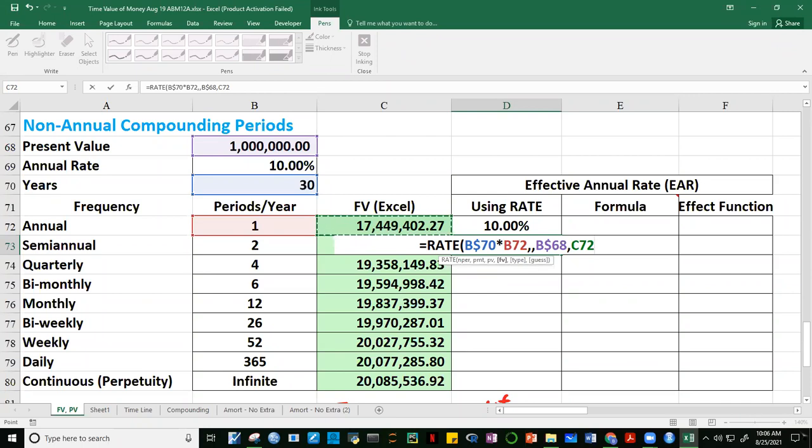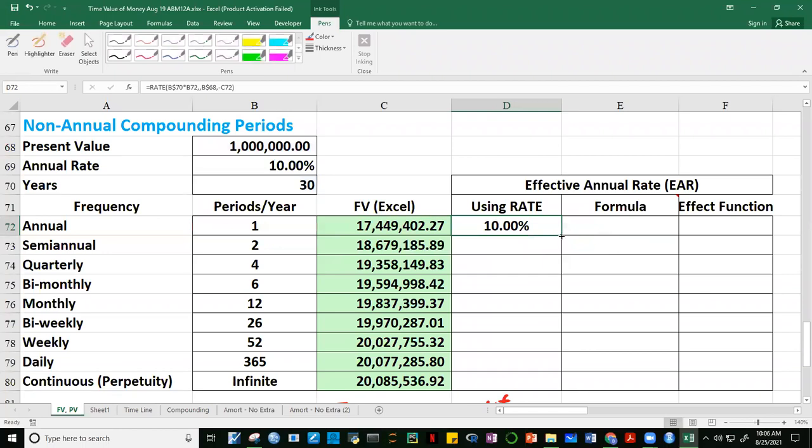Okay. Let's check. Oh, what was I doing? Dapat dito. Sorry, B68 is dapat naka-fix. Future value. Okay. I think this is correct already.